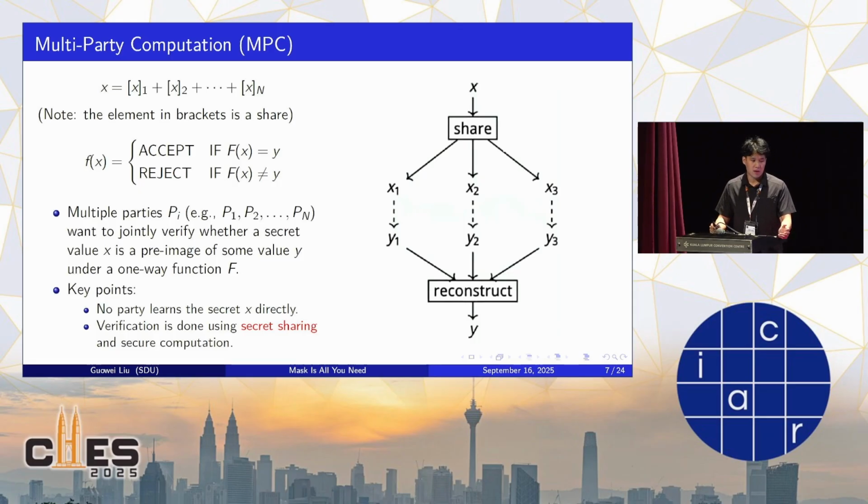Multiple parties P_i want to jointly verify whether a secret value x is a pre-image of some value y under a one-way function F, and in Picnic, the one-way function is LowMC encryption. There are some key points we should know. No party learns the secret x directly, and the verification is done using secret sharing and circuit computation.